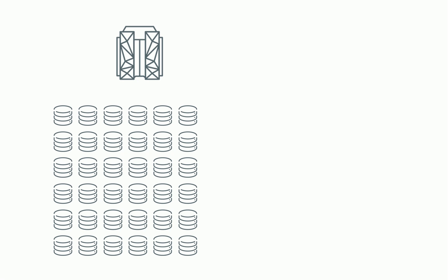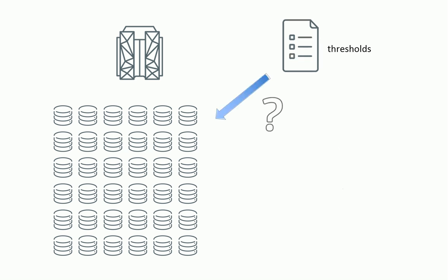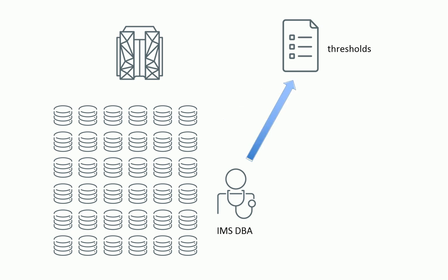In order to implement the feature, first check whether the thresholds that were predefined by CA Technologies' subject matter experts are optimal for your environment. Every IMS implementation is unique, and only the IMS DBA has the knowledge and expertise to adjust or set optimal thresholds for their IMS databases.